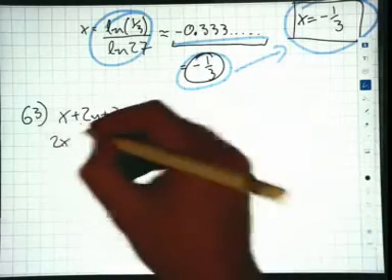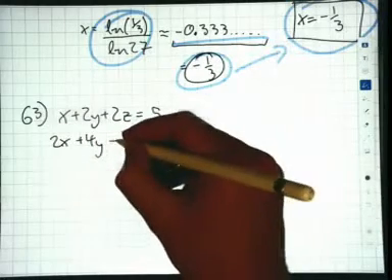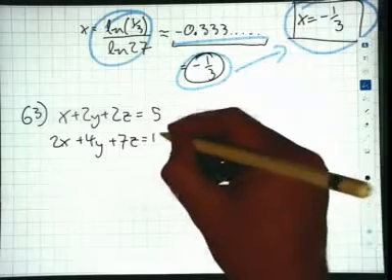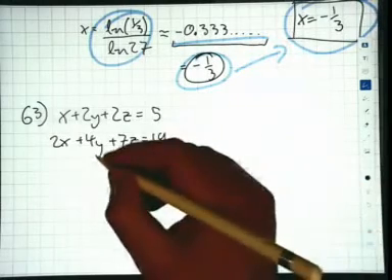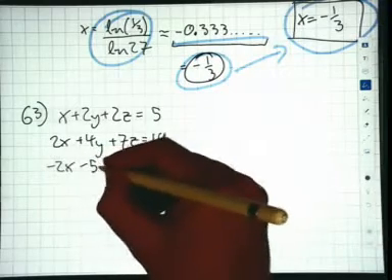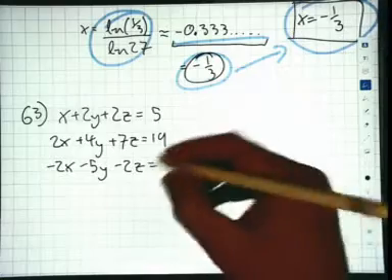Then I have 2x plus 4y plus 7z is equal to 19. And then I have negative 2x minus 5y minus 2z is equal to 8.